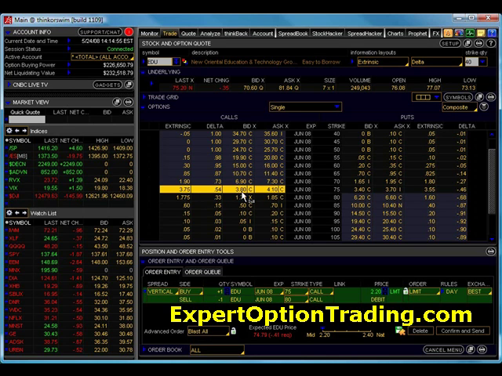This is a very, very important concept to understand. If a single contract gives you the right, now this is a call we're talking about, a single call contract gives you the right to purchase 100 shares of stock at the strike price of $75. In other words, you have the right to buy 100 shares of stock at $75.